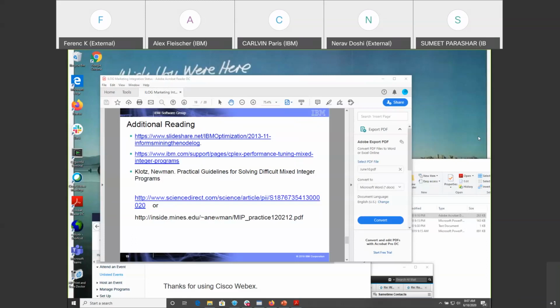One question here is, any comments about IBM Decision Optimization's advantages over Gurobi or LocalSolver? Ed, Xavier or Ferenc, does anybody want to make a few comments? Well, the two are in different categories.